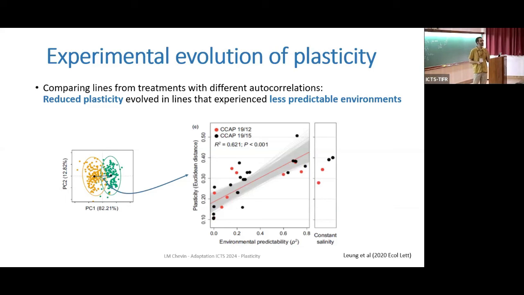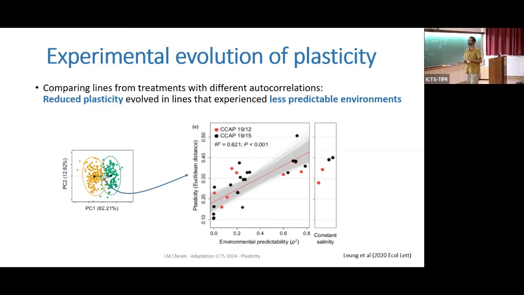This goes back to what I showed in one of the slides, that the variance of fluctuations influences the strength of selection on plasticity. So perhaps there is a cost of plasticity, but strong fluctuations that are not well predictable cause a decrease in plasticity.